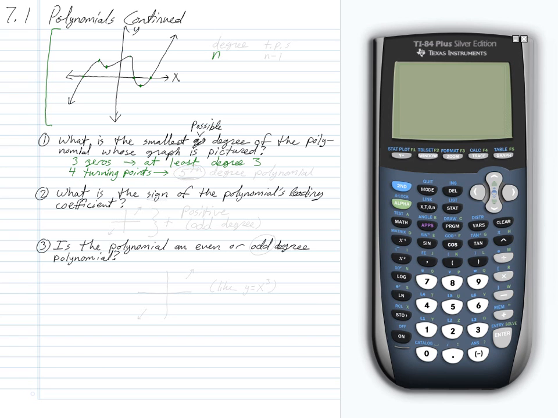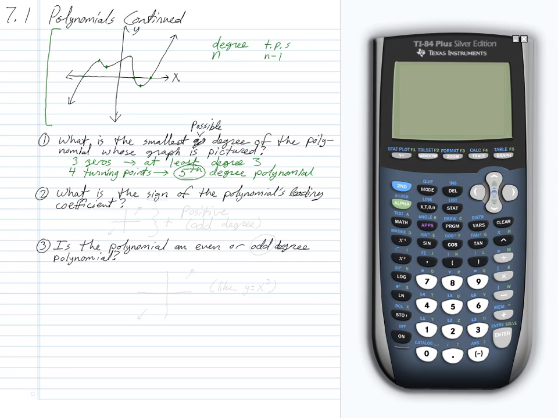So if my polynomial has degree n, it can have at most n minus 1 turning points. So since this has 4 turning points, that tells me that this has to be at least a 5th degree polynomial. The smallest possible degree that this function could have is 5.